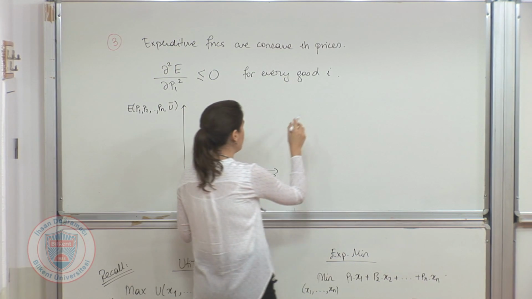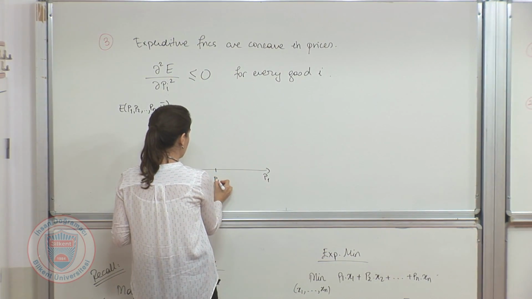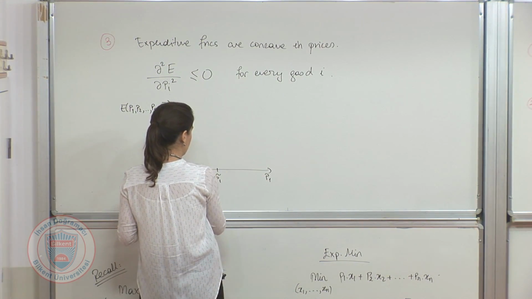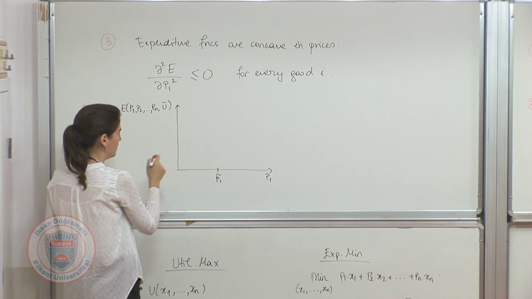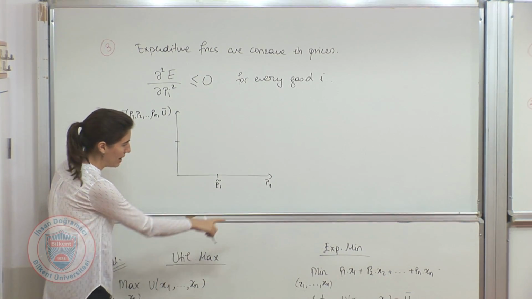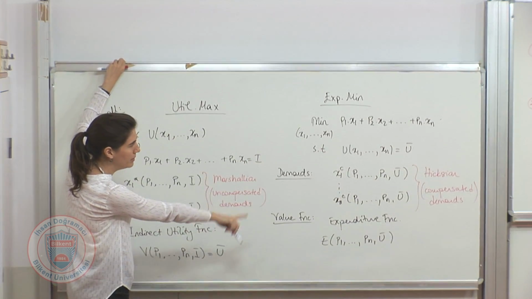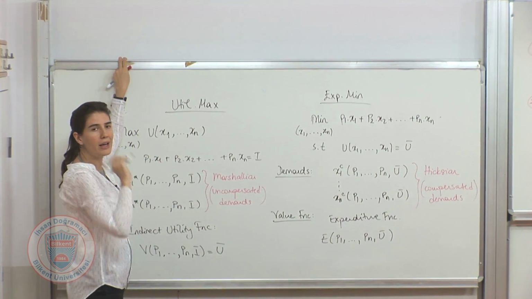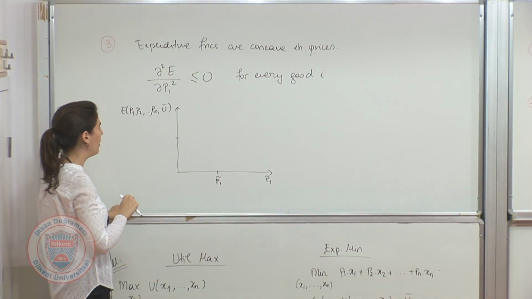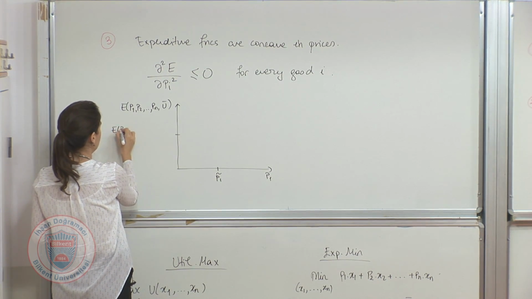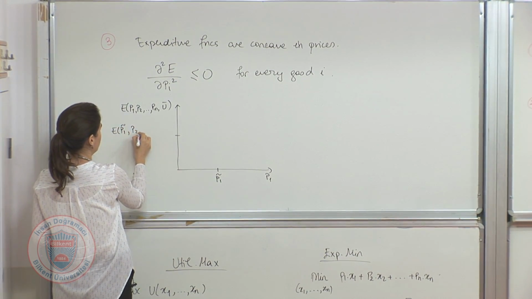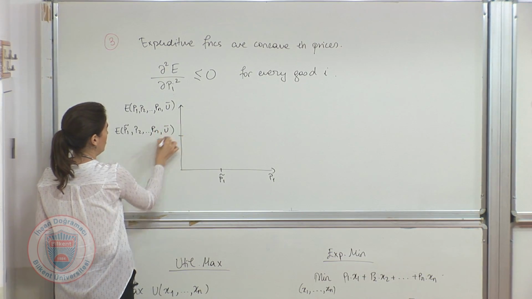Now, fine, let's try to see. Suppose initially price 1 was P1 tilde, okay? And I solved my expenditure minimization problem with P1 tilde. I got all my optimal points. And the minimal expenditure, of course, is this, for U bar.